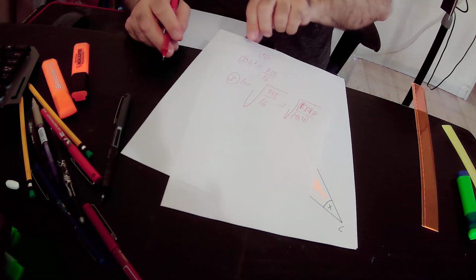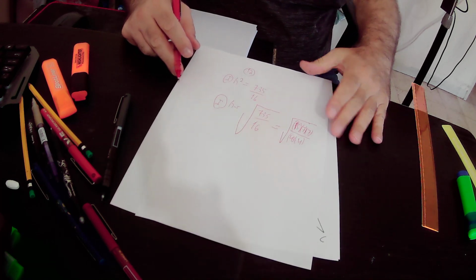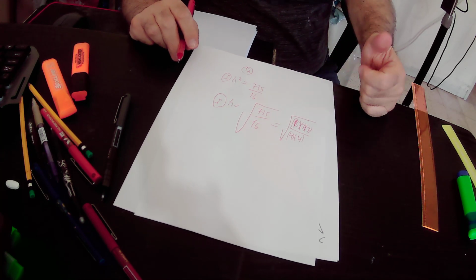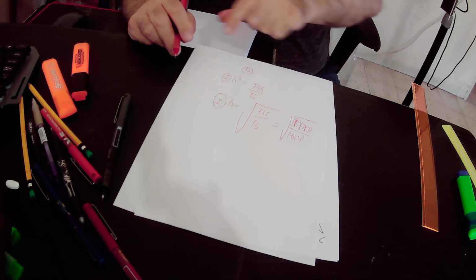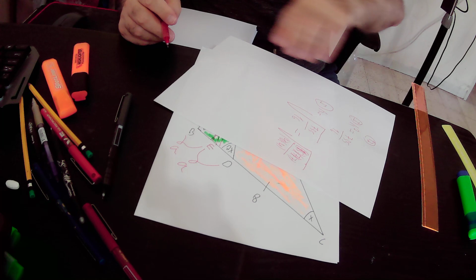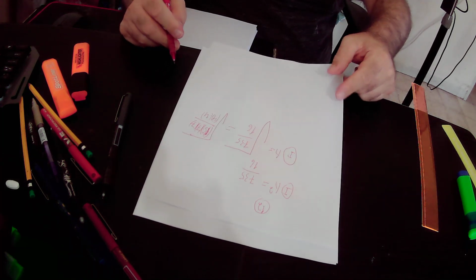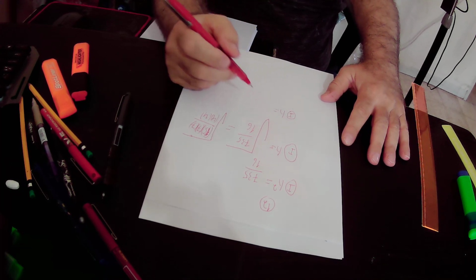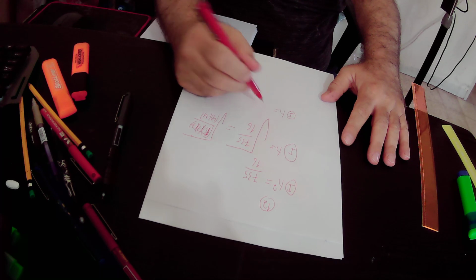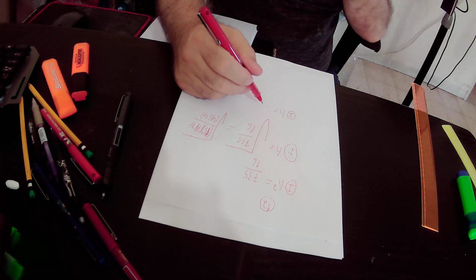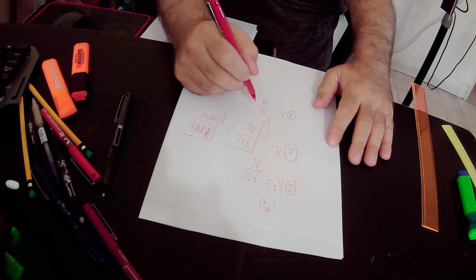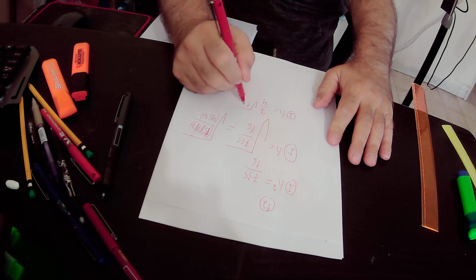So actually here the root of 7 times 7 is 7 and the root of 4 times 4 is 4. So we can take out 7 over 4 from the root, and inside the root what is left is only 15.